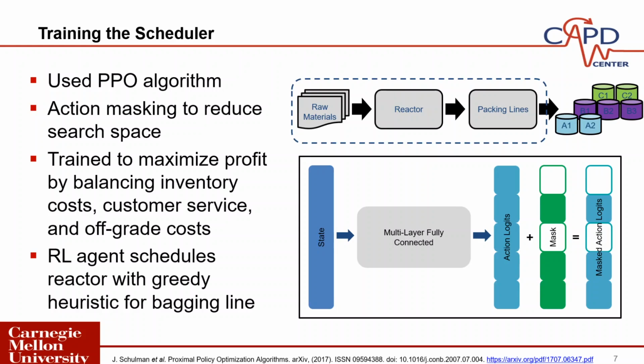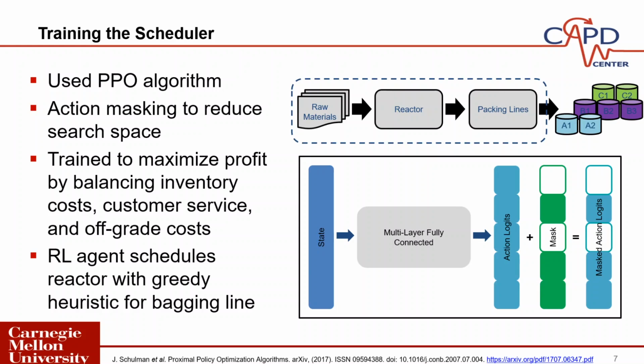So we found this to be very effective and useful for us as we try to train this to maximize its profit and balance the inventory costs, off-grade costs, and its customer service level that it needs to achieve in order to perform well. So what we're doing, this is a multi-stage system. We are training the RL system to schedule the reactor stage, which is a continuous reactor that we have.